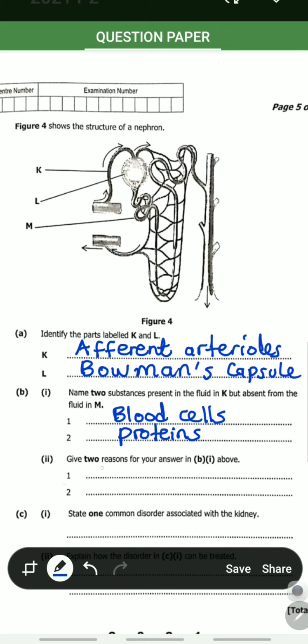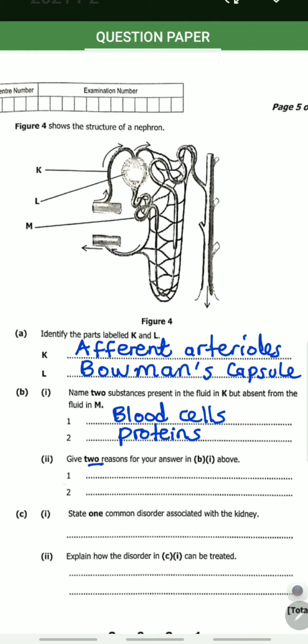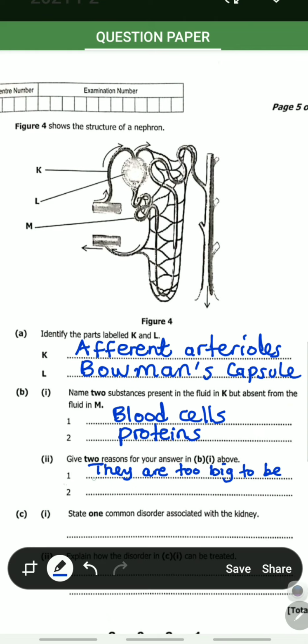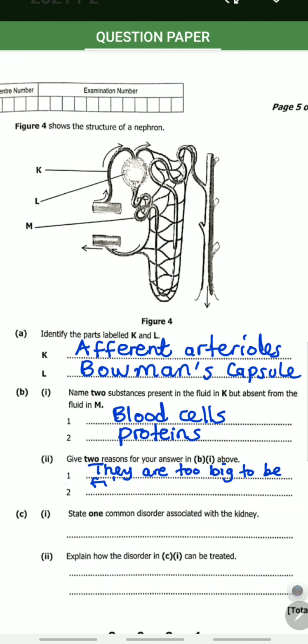So the reason is that they are too big to be filtered during ultrafiltration.